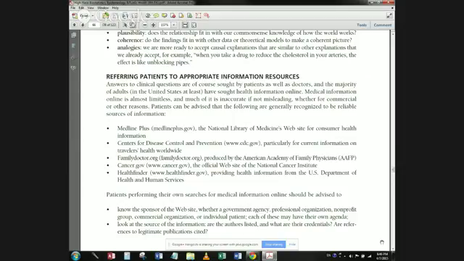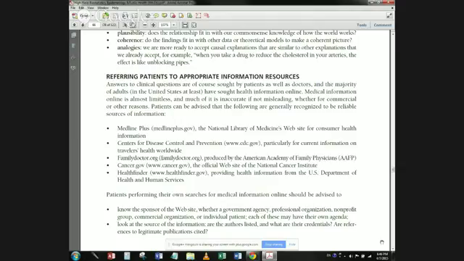Patients can be advised that the following are generally recognized to be reliable sources of information: MedlinePlus, the National Library of Medicine's website for consumer health information, Centers for Disease Control and Prevention, particularly for current information on travelers' health worldwide, FamilyDoctor.org, produced by the American Academy of Family Physicians, Cancer.gov, the official website of the National Cancer Institute, Health Finder, providing health information from the U.S. Department of Health and Human Services.